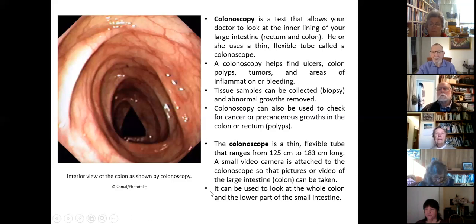So I looked at this statement, looking at the whole colon and the lower part of the small intestine, and I thought, not in my body, you won't be. I find that very difficult to acknowledge in real terms. But anyway, there it is. That's what's reckoned.